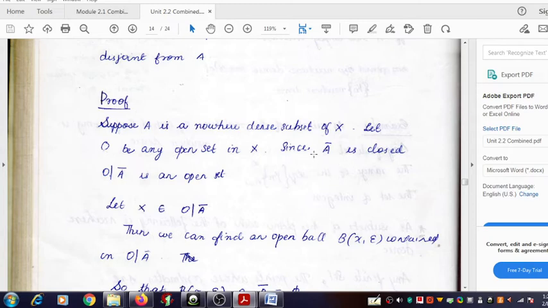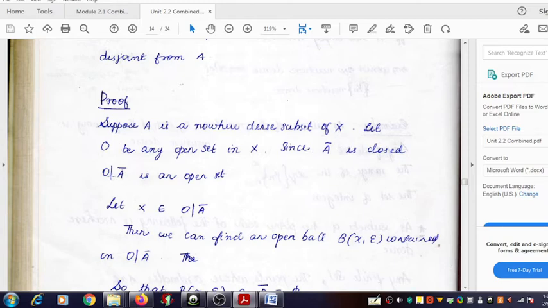We know that the closure of A is closed. It is clear by the definition. So we have the set closure of A, which is a closed set, and O is an open set.